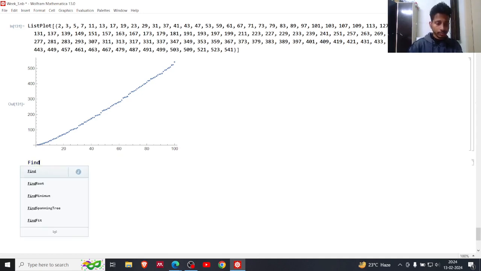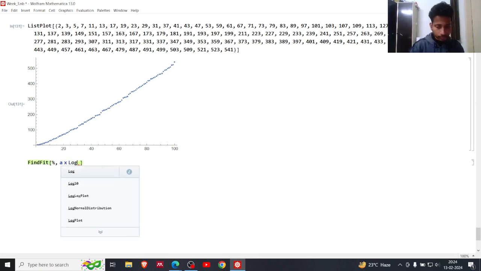Now find fit percentage a x log b plus b x.